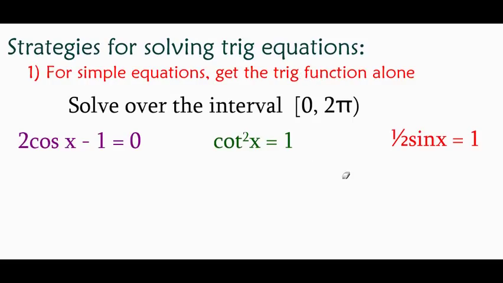Isolate it like you would isolate, for example, 2x plus 1 equals 5. Think about using inverse operations to isolate the x. We're going to do the same thing to isolate the trig function. Now again, we're only going to solve between 0 and 2 pi, so nothing crazy.